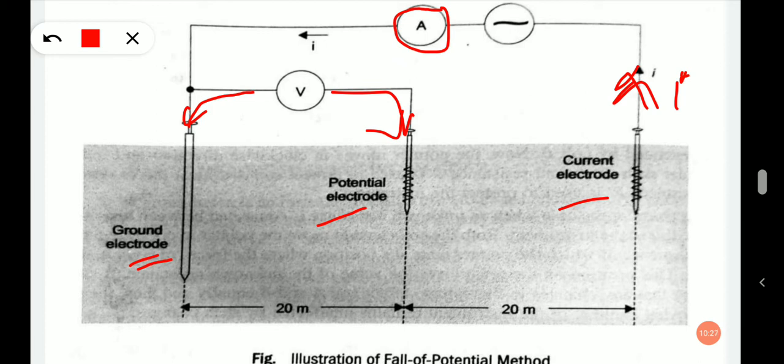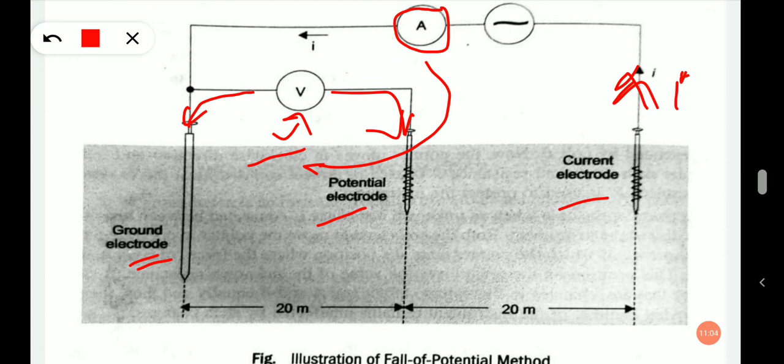This potential drop is then divided by the ammeter current to obtain the ground resistance. So here this potential drop is divided by this current to obtain the ground resistance.